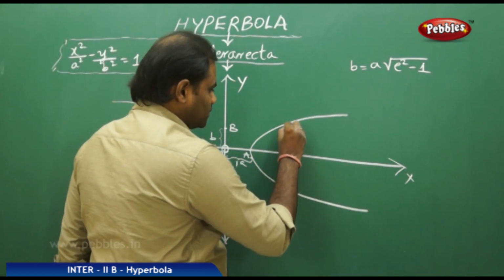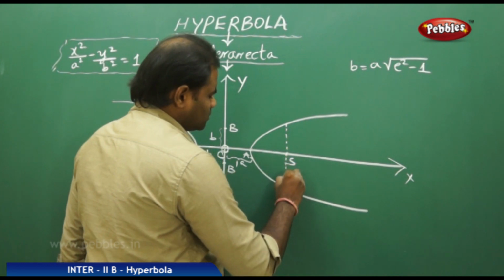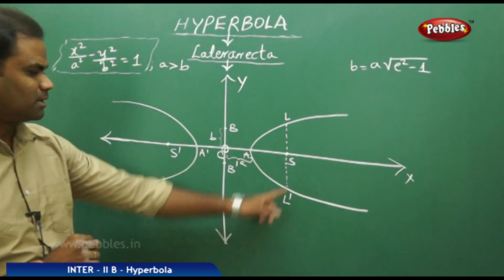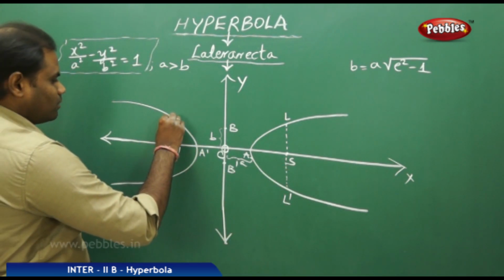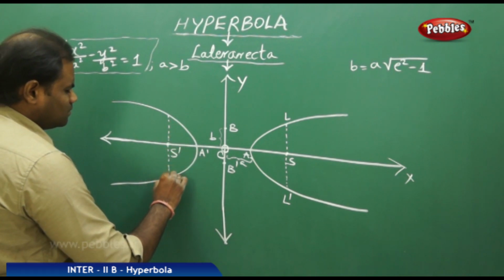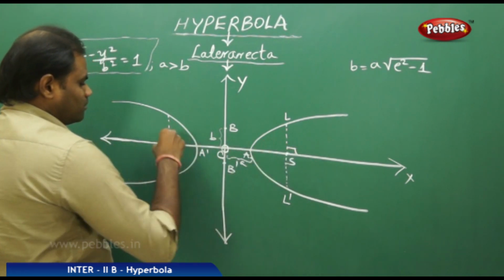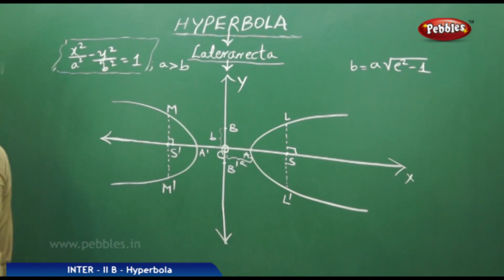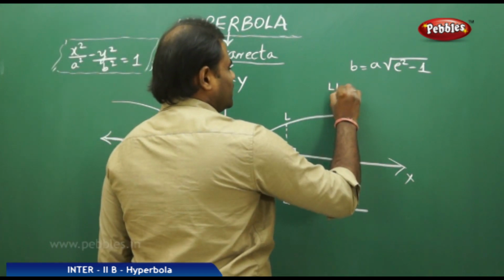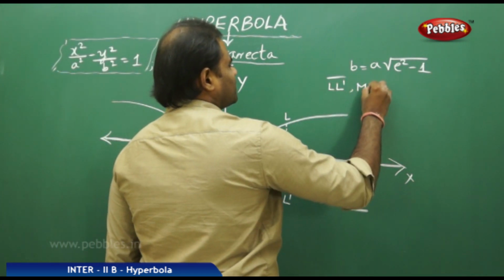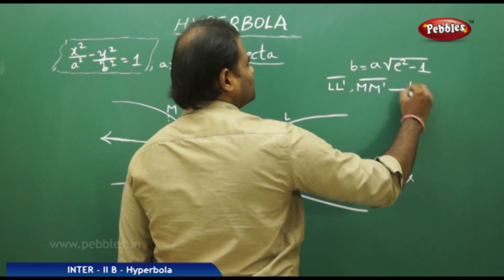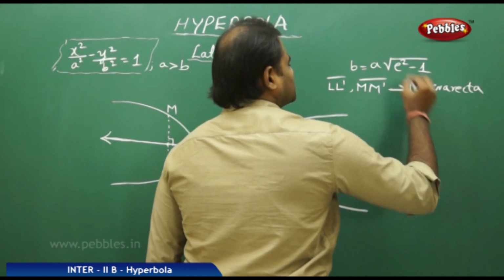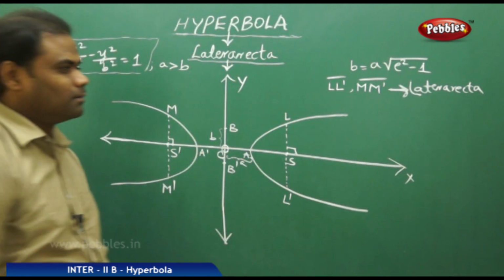So if I drop a perpendicular chord to the hyperbola, then this is called the latus rectum passing through S. Similarly, if I drop a perpendicular from S dash, I get M and M dash, which are also called the latus rectum. So LL dash and MM dash are called lateral recta for the given hyperbola.